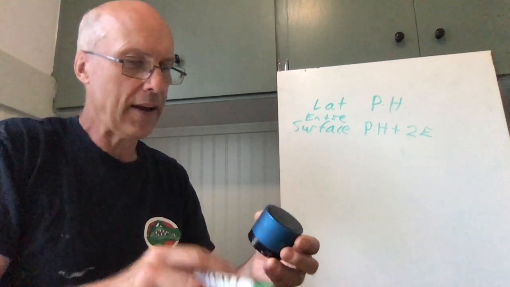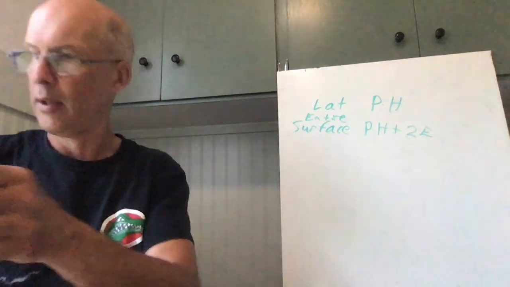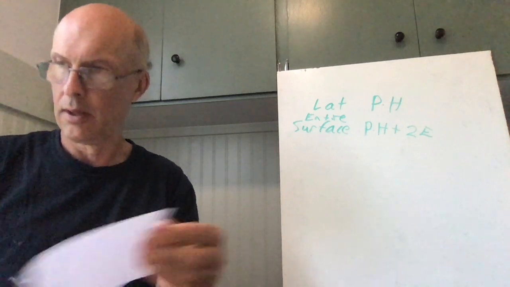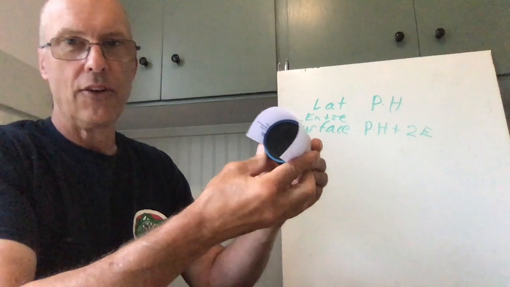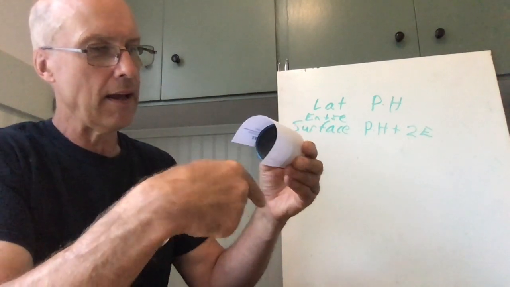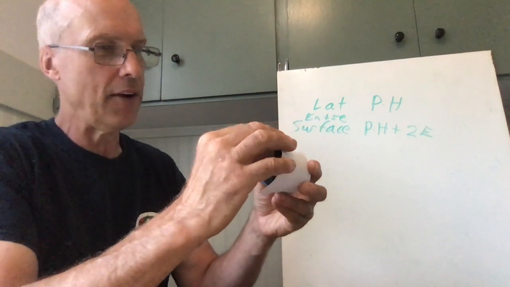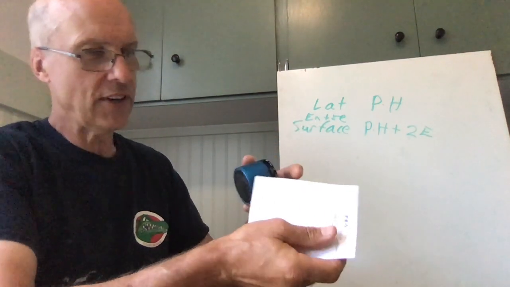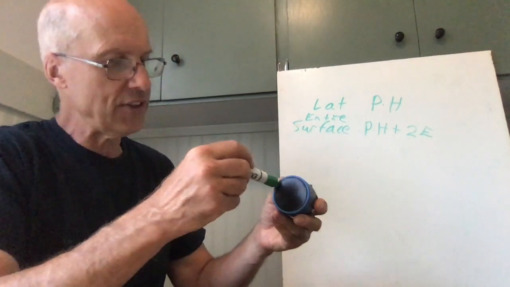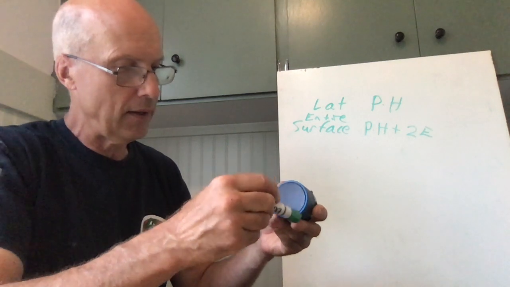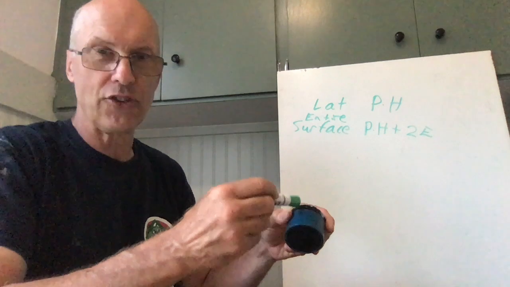But if you think about it, if I was going to cover up the edge, the sides of this, and then I unroll it, it's going to turn out to be a rectangle. And the length of that rectangle is going to be the circumference around here. And then the height of the rectangle is just going to be the height here.